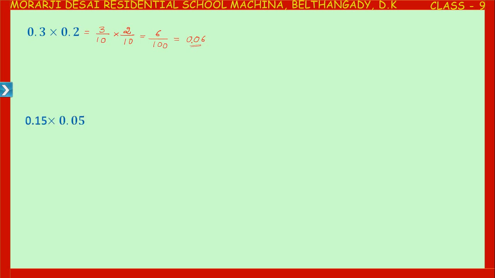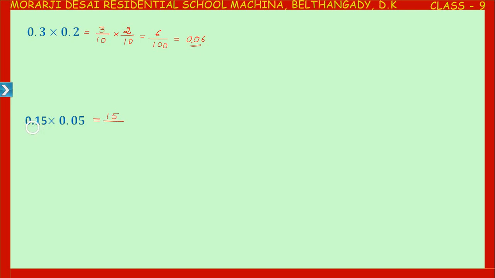Look at the next example. 0.15 into 0.05. You have to multiply. Now 0.15, write in fractions. While writing in fraction, remove the decimal point and write in the numerator. If you remove the decimal point, this becomes 15.